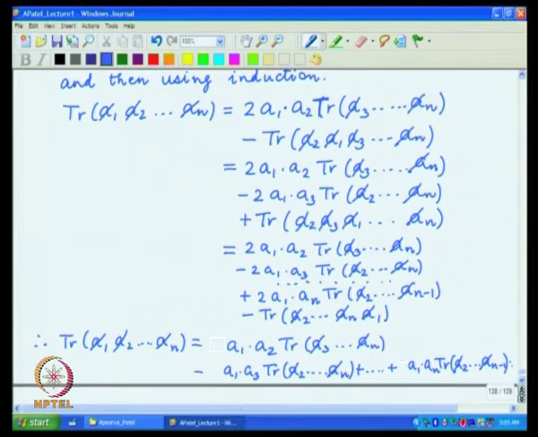And that is the final result, a very useful identity, because n got reduced to n minus 2.